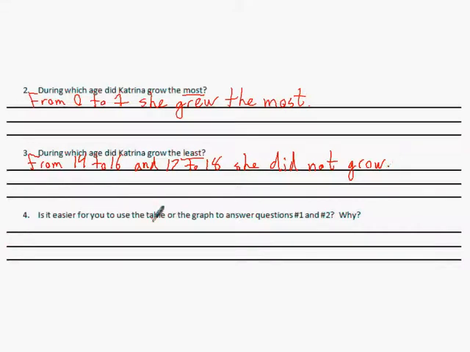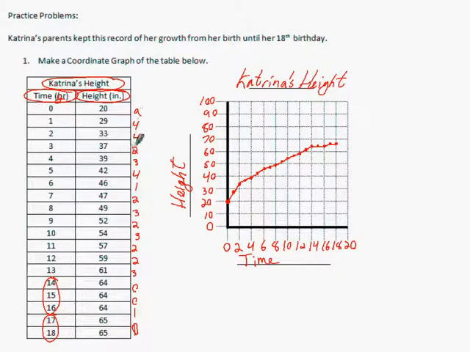Is it easier for you to use the table or the graph to answer questions number 2 and number 3? And why? Well, this is your personal preference. For me, I wanted to look at the table, because you can see exactly. If you're looking at the graph, to me, it's not as exact.